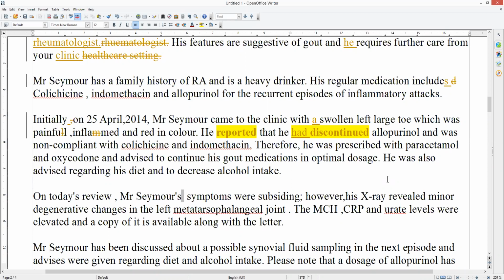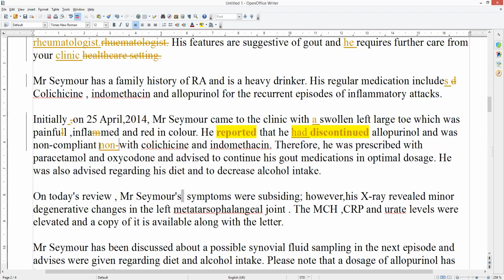Okay, so he reported that he had this continued non-compliance. We don't use that anymore. Apparently, we use non-adherent instead, because non-compliant implies unequal doctor-patient relationships. So non-adherent. Therefore, he was prescribed with an advice to get medication up to good doses.